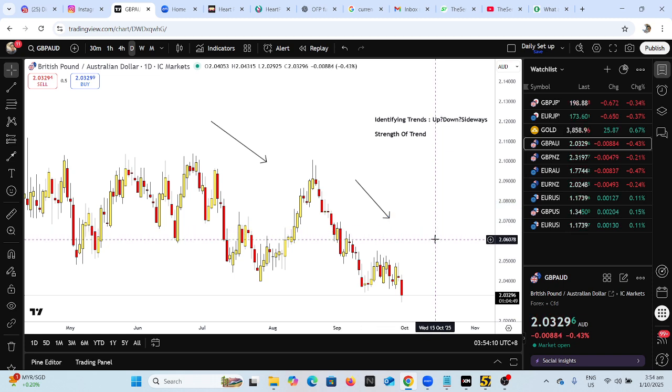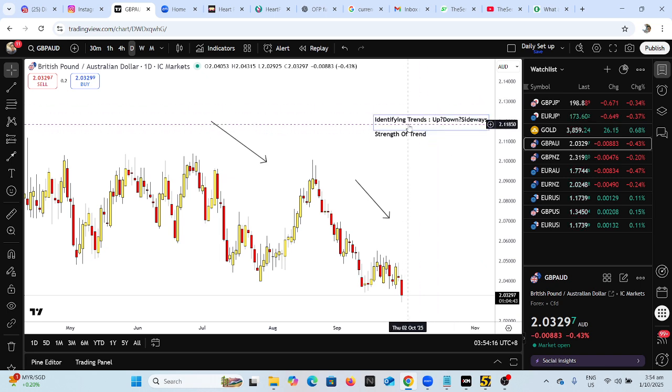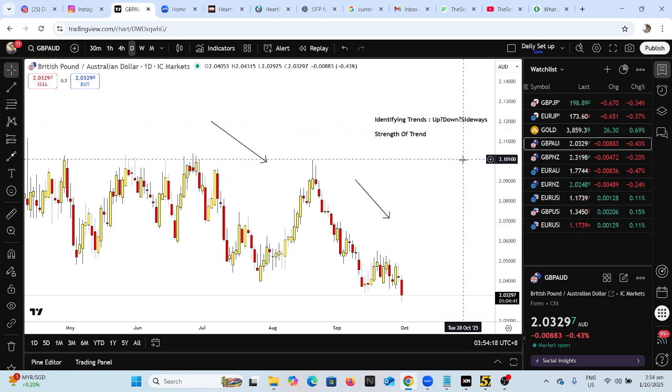I'm going to give you some other examples so that you can understand what I'm talking about: identifying trends, up, down, and sideways. Because when you trade the markets, whether in forex, indices, or whichever instrument you choose, trading with the trend is the best way forward.